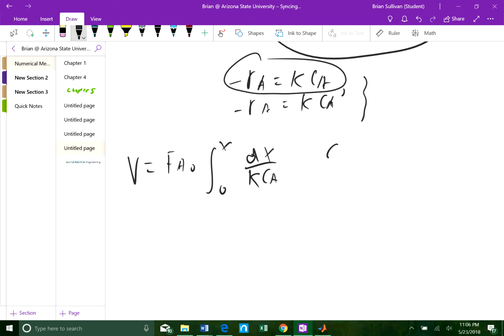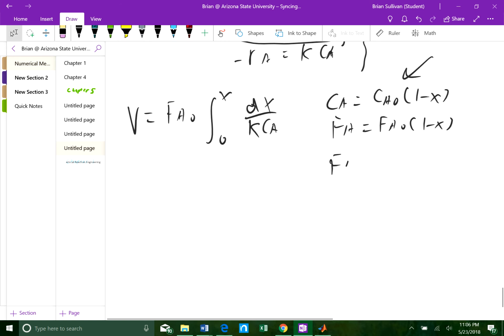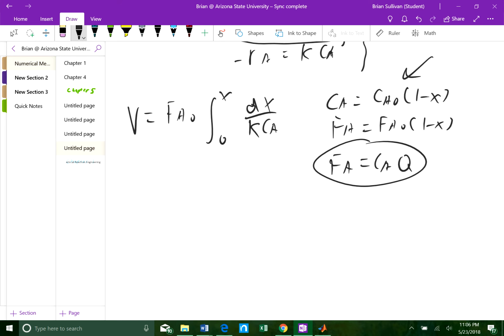Now, for CA, here's the trick. Like we did with the FAO, I'll do the FA like we did here. We said it was like this. So with concentration, you can say it's like this. Very similar. Here's the proof for it. FA is going to be equal to CA times Q for volumetric flow rate, and CA is equal to, so if this is the case, let's plug that into the equation above.